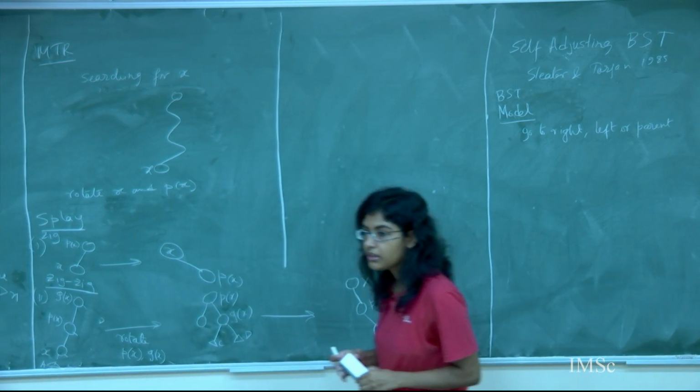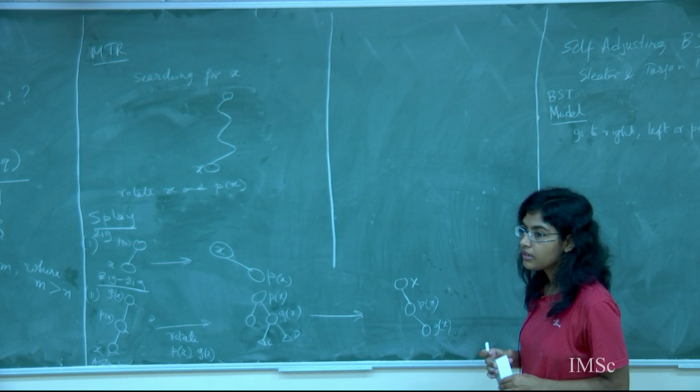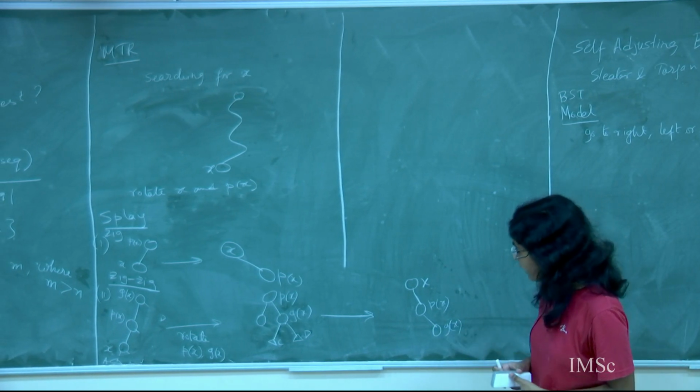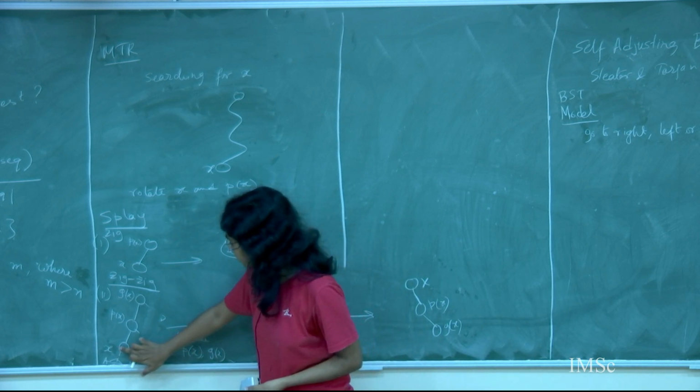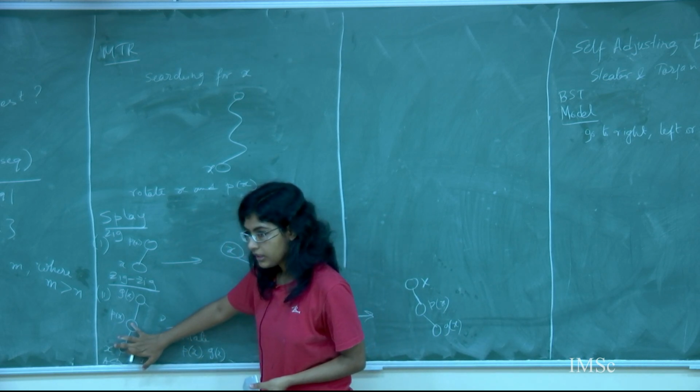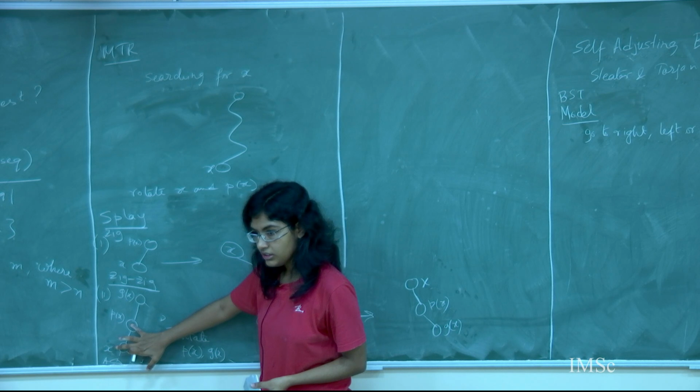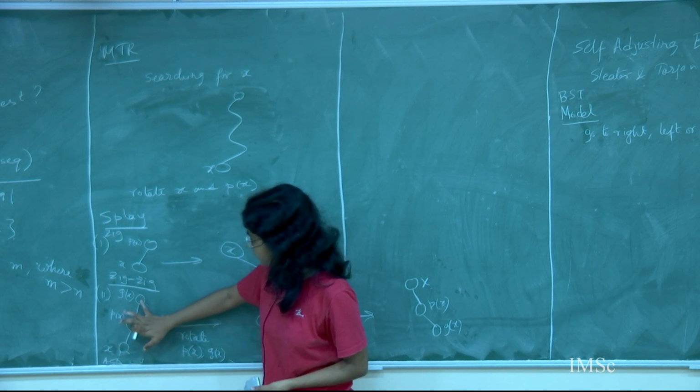I'm not getting the difference between move to root and this. Here, see, in a move to root, what you would have done is that you first would have rotated x with p of x. X would have been in this position. Then you have rotated this with this.